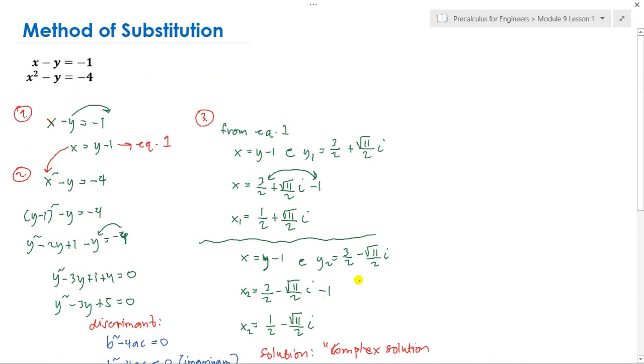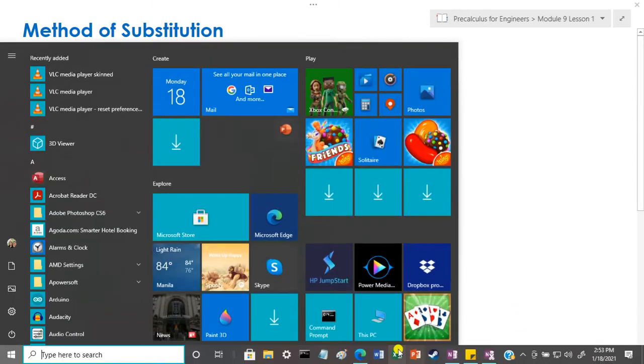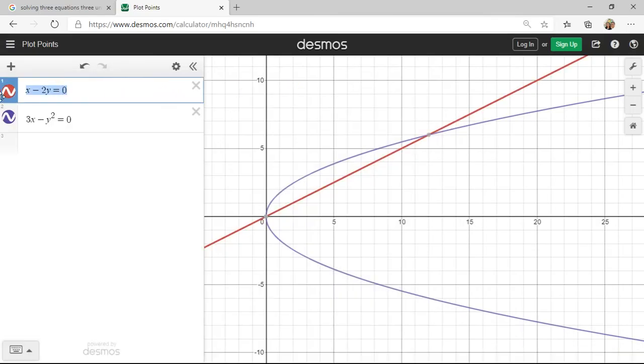So let's go to Desmos. x squared minus y is equal to negative 4. In Desmos, the first equation is x minus y equals negative 1.